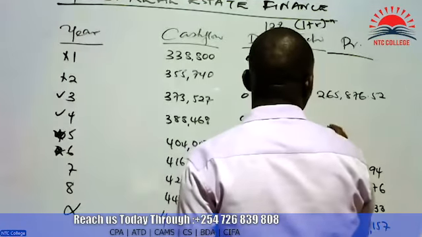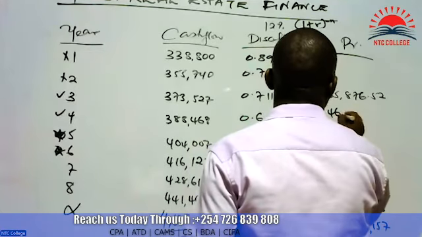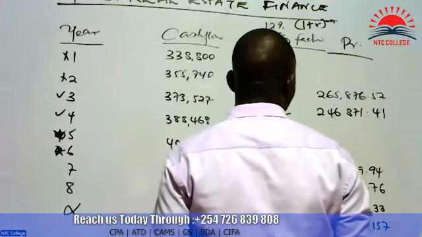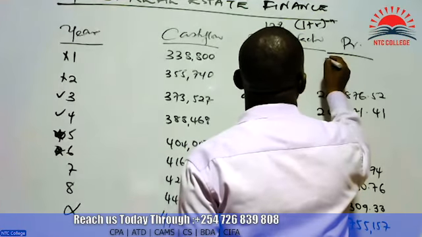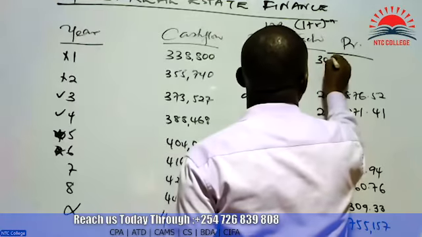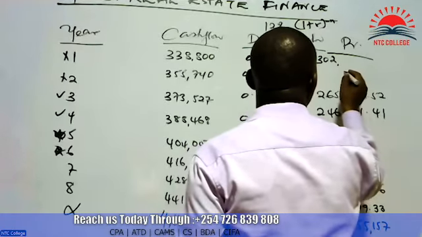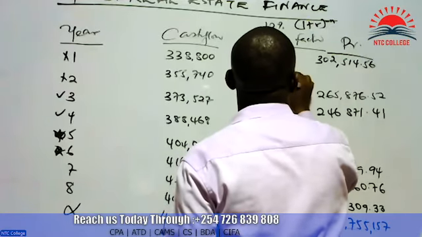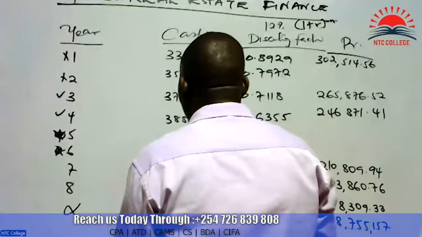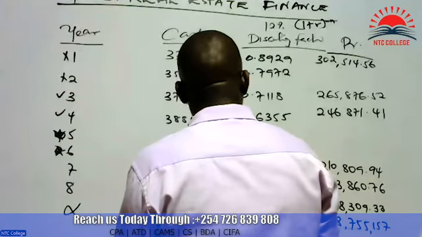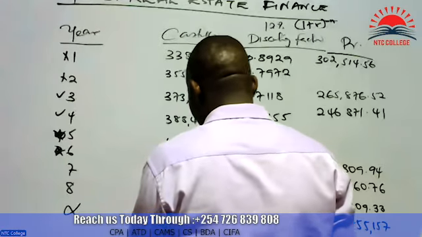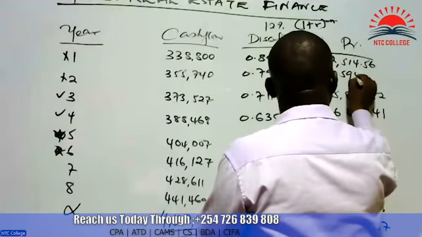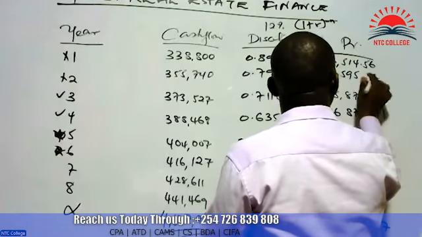Year 4, 246,871.41. Year 1, 302,514.52. Year 2 is 283,567.47.